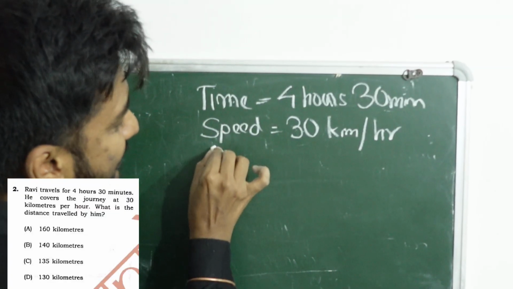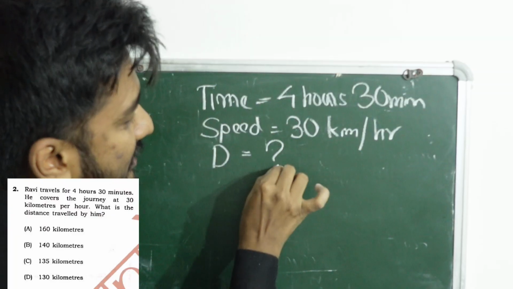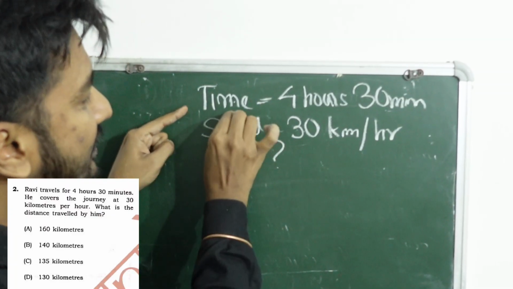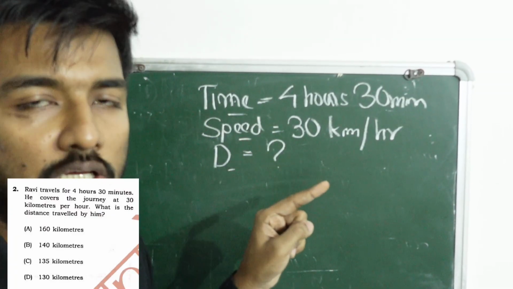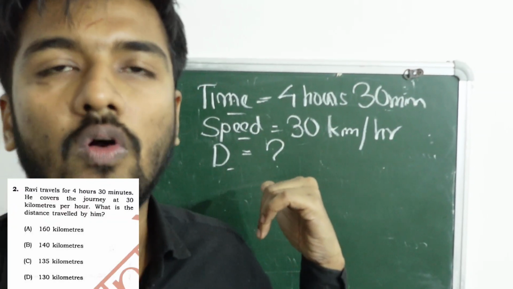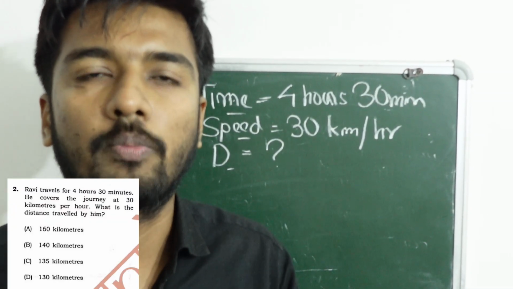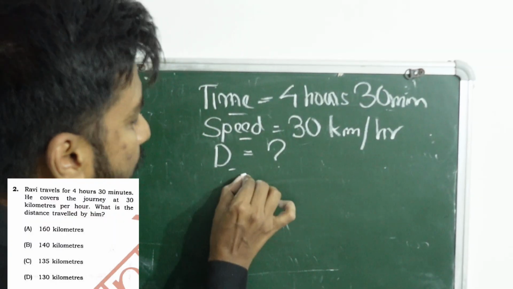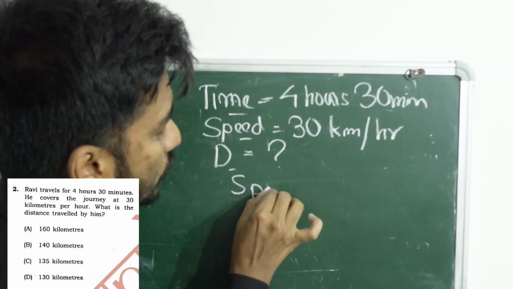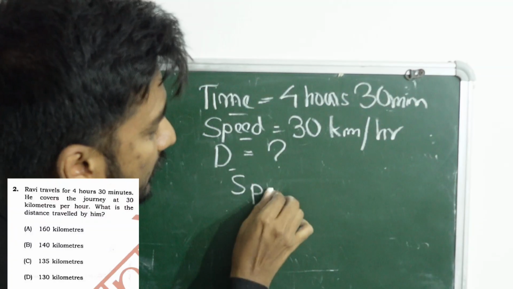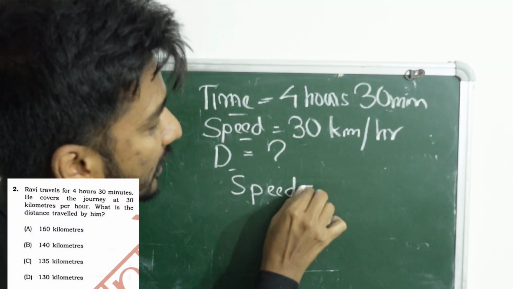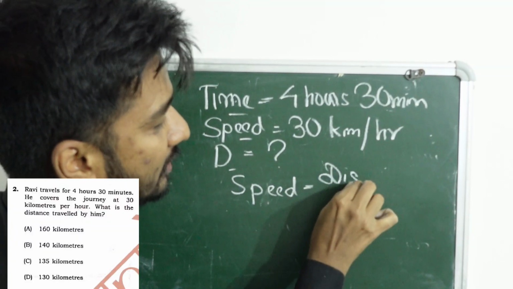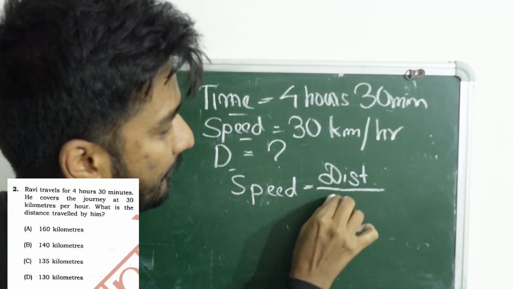So you have to find distance. See, you have been given time and speed, and you need distance. Using these quantities, one formula comes to mind: speed equals distance traveled by time.